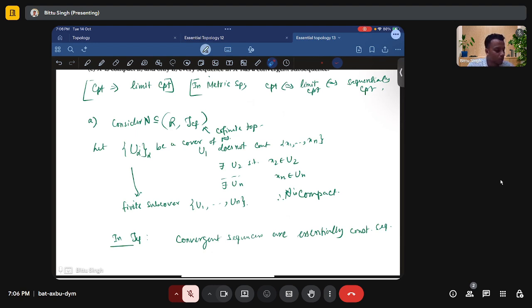Because if those things vary, right? If there are infinitely many distinct terms in the tails, then we can find... So suppose this converges. Let xn converge to some x, right?